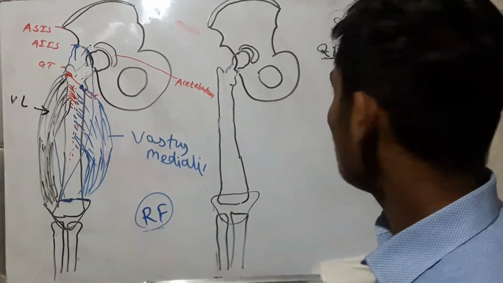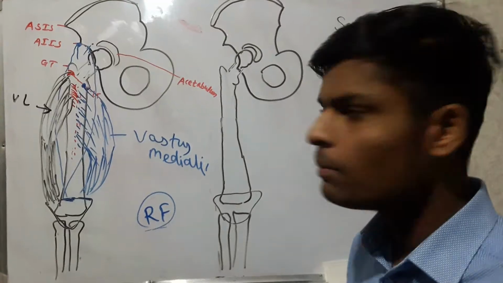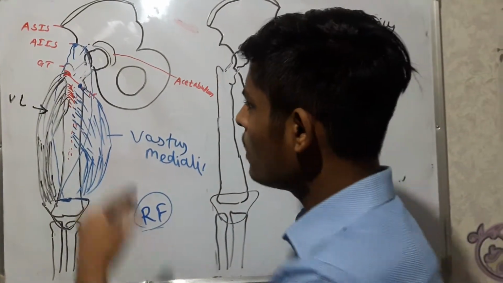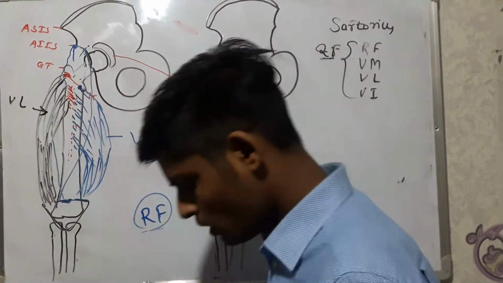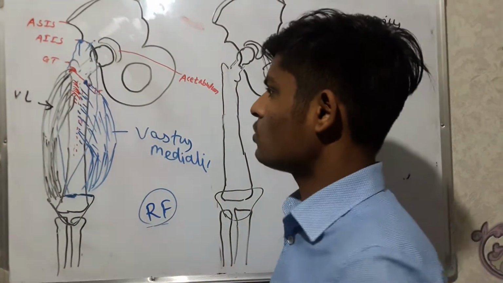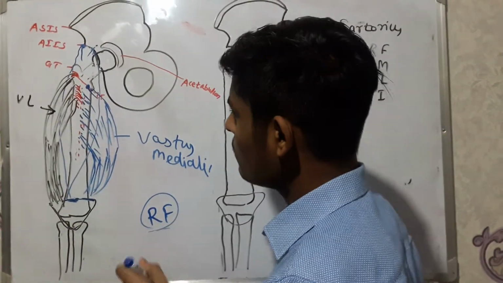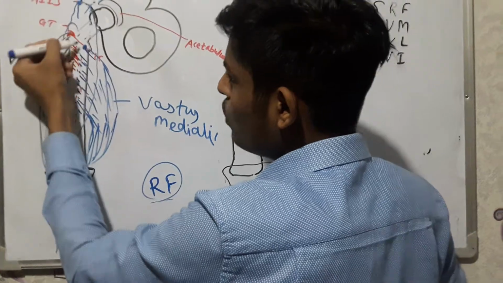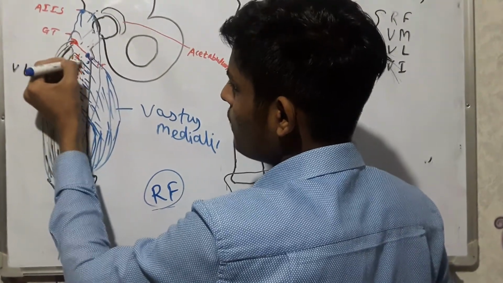Now the next muscle which we will discuss is vastus intermedius. This is also a linear muscle. It arises only from the anterior surface of the femur, at the upper 1/3 part of the shaft, below the intertrochanteric line, somewhere here.